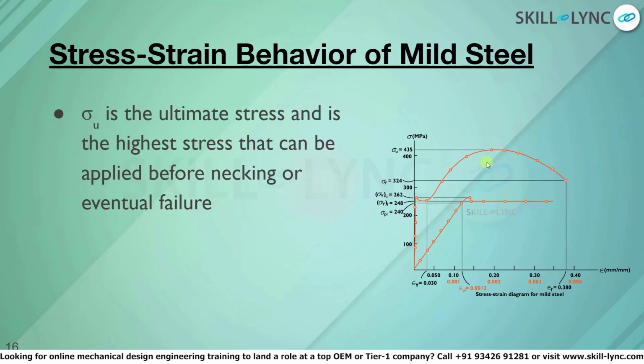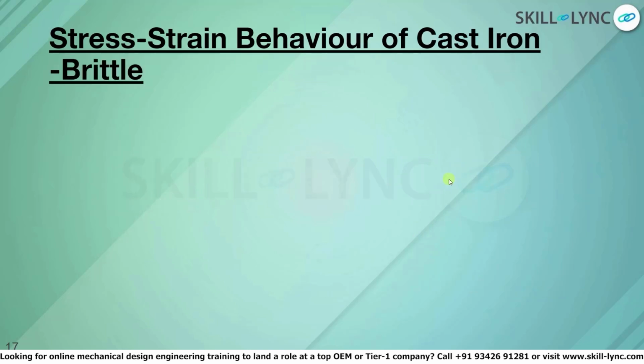In these times, mild steel or materials like mild steel can undergo unaccounted loading, and while undergoing unaccounted loading, this region, which is from the yield stress up to the ultimate stress, can help withstand the unaccounted loading.